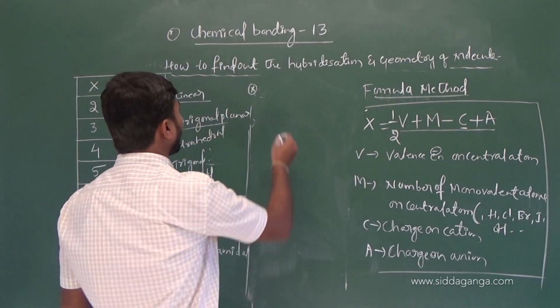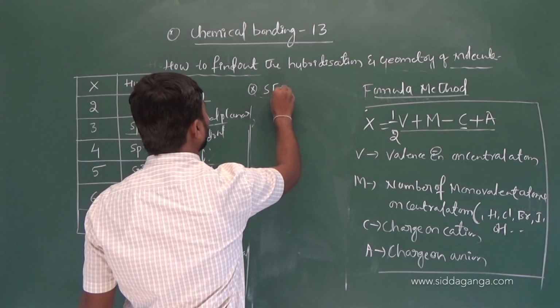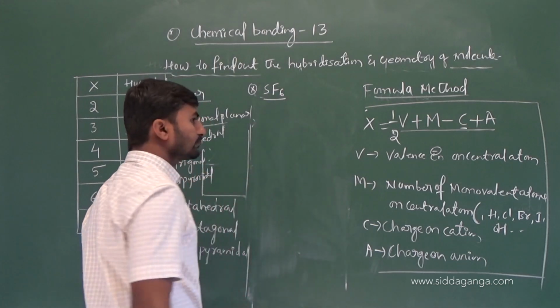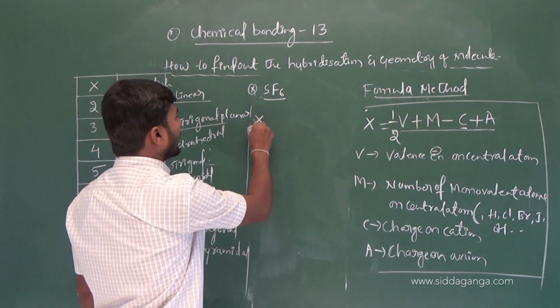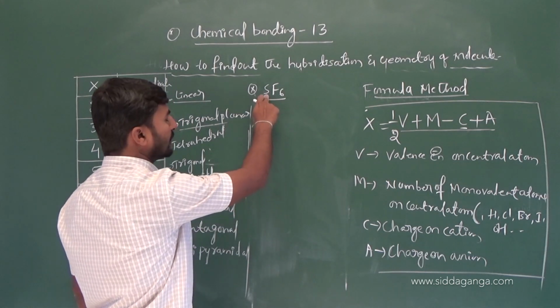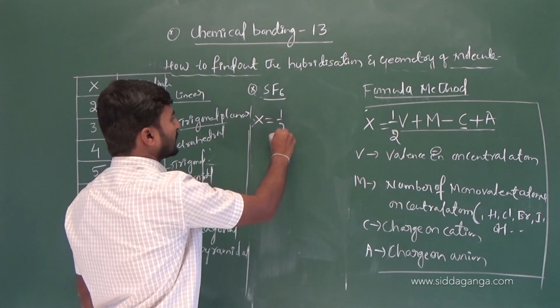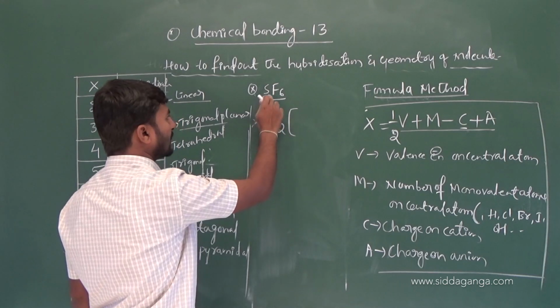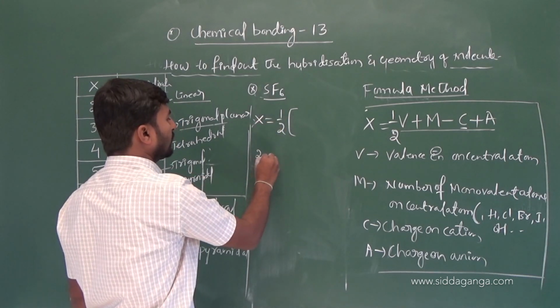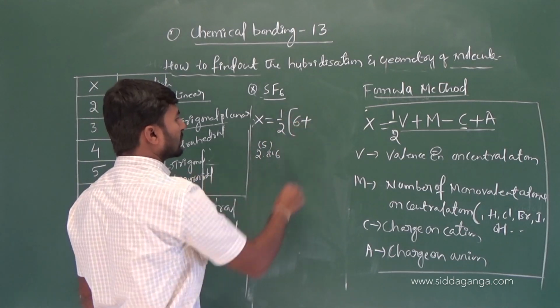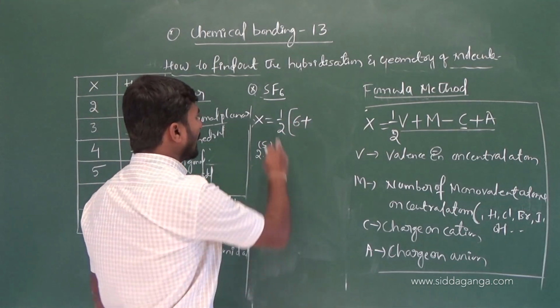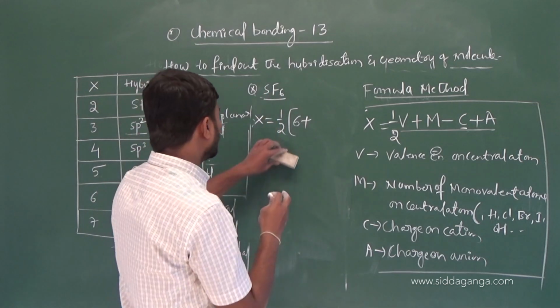If the molecule is SF6, then as it is sulfur, it will become the central atom. How many valence electrons are there in the central atom? 2, 8, 6, that is sulfur has 6 valence electrons. Plus, how many monovalent atoms are there here?